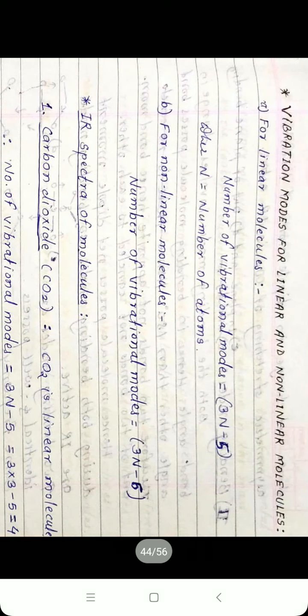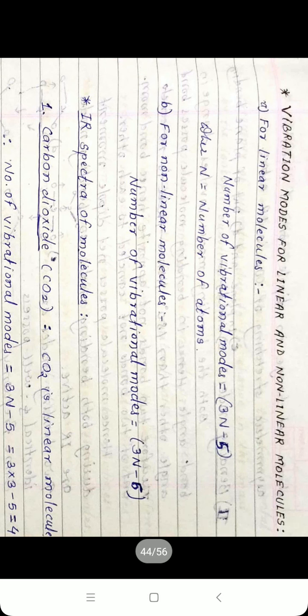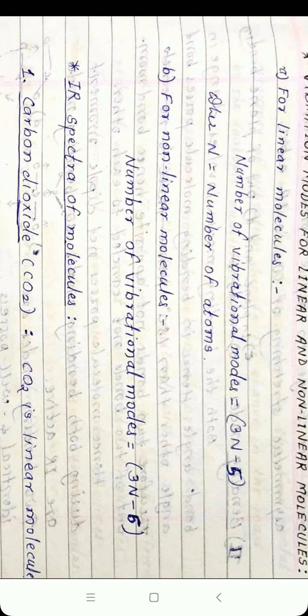Then, modes of vibrations and conditions of IR spectroscopy, that is vibrational spectroscopy. We already discussed during the first part of this topic that a molecule possesses different modes of vibrations. Depending on the symmetry of the molecule, two equations are given for calculation of the number of modes of vibrations.